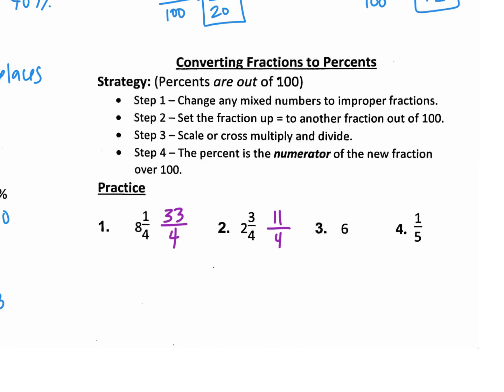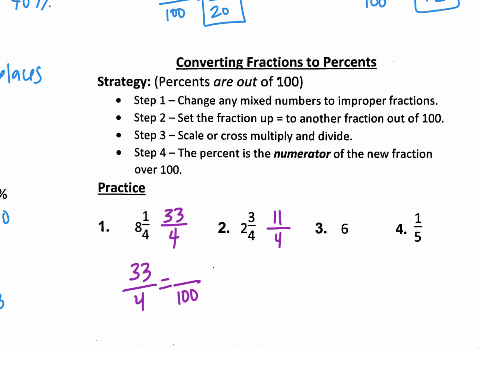It says set the fraction up equal to another fraction out of 100. Well, we've talked about equivalent fractions not long ago. So I'm going to write this fraction, 33 fourths, equal to another fraction out of 100. But I don't know what that top number is going to be. Okay, how do I figure out that numerator?